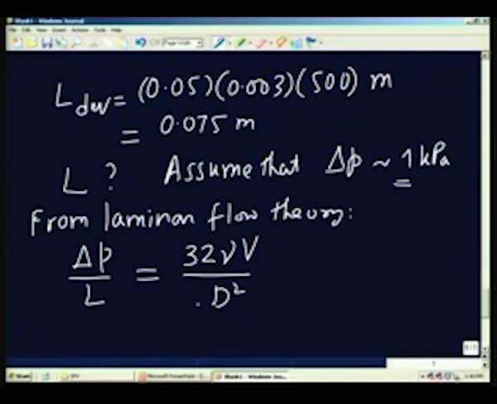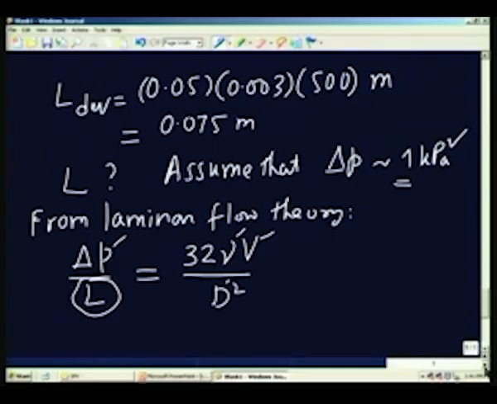Now I have chosen delta P. I already know the velocity and the diameter, so I can determine L. This L is the required length, so that you get a 1 kilopascal pressure drop across the length.